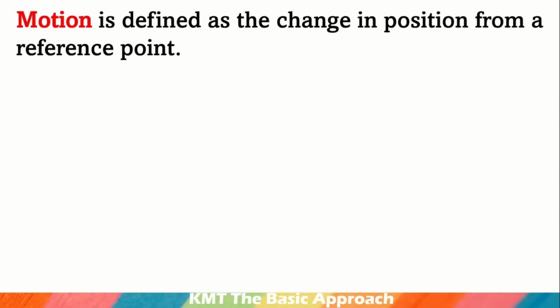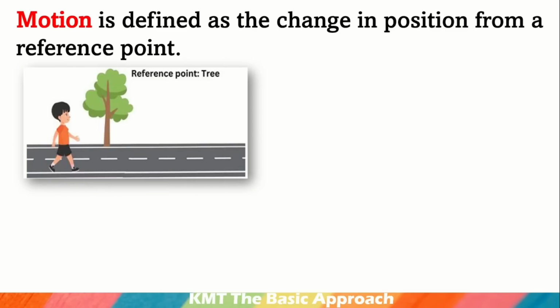Motion is defined as the change in position from a reference point. For you to easily understand what motion is, let us understand the picture. Let's try to answer question number 1. What is a reference point in the context of motion?